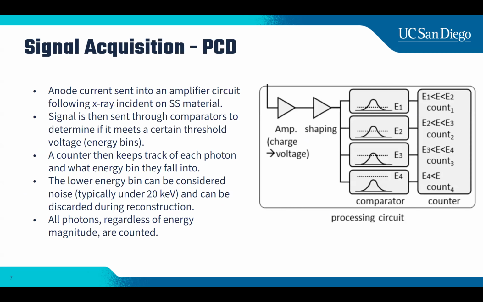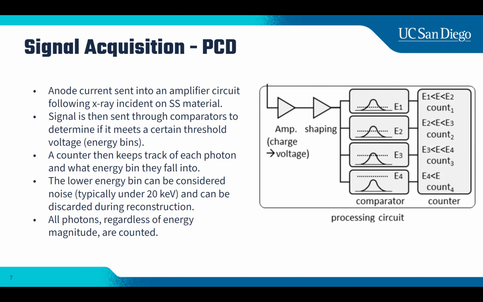For the signal acquisition, this will be for the PCD, after the current is induced in the detector, it is sent through an amplifier that changes the current signal, the flowing electrons from the electron-hole pairs, into a voltage signal, which then gets shaped by a waveform shaper.